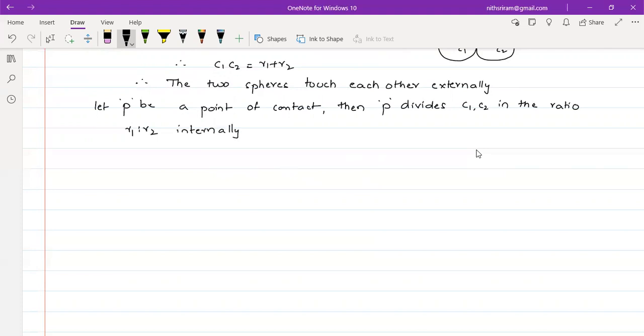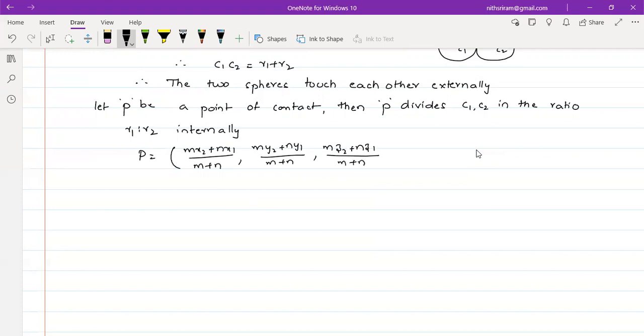So we have a formula which we have studied in our earlier classes. That is, P is equal to (mx2 plus nx1) by (m plus n), comma, (my2 plus ny1) by (m plus n), comma, (mz2 plus nz1) by (m plus n).